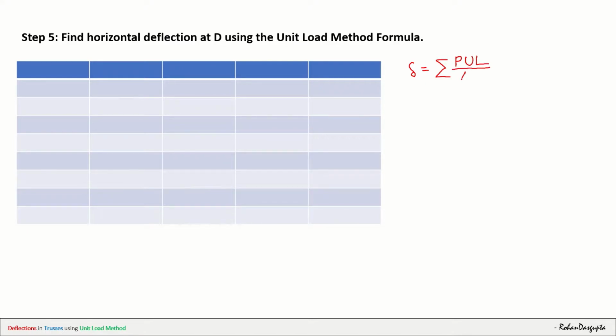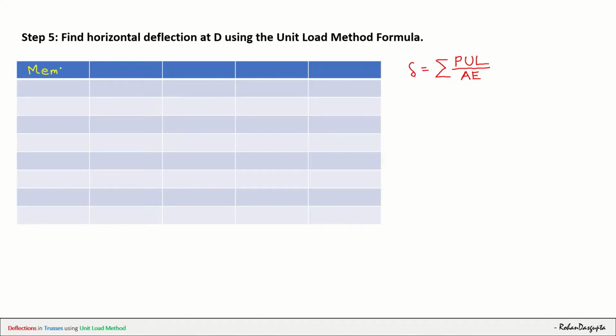Now, P is the forces of all the members due to P analysis, U is the member forces due to U analysis, and L is the length of each member. AE, as we know from step number 1, is constant for all the members, so we are not bothered too much about it right now. We will input the value at the last.